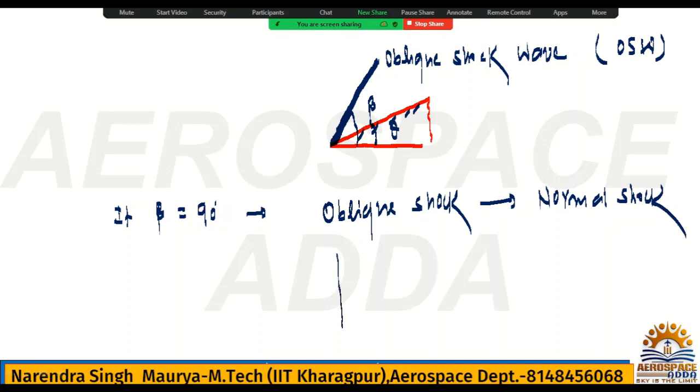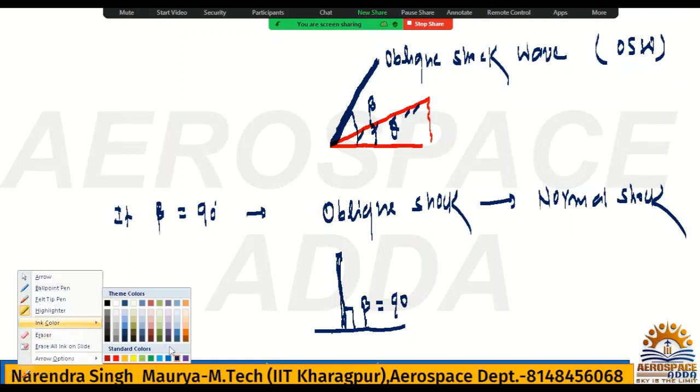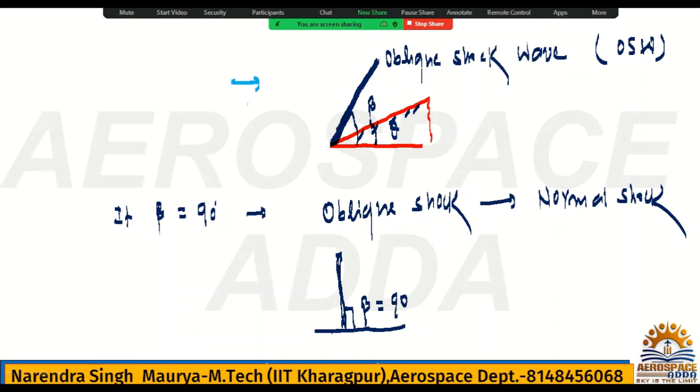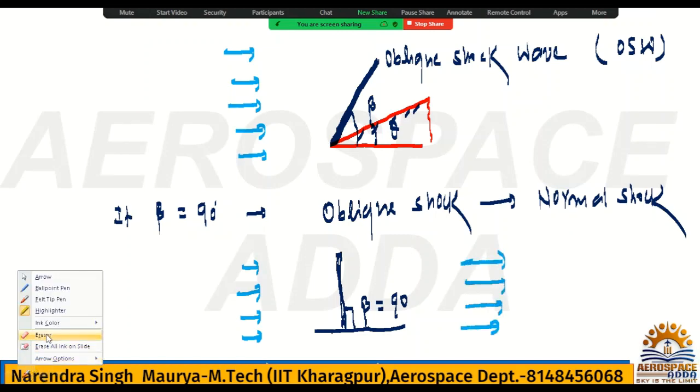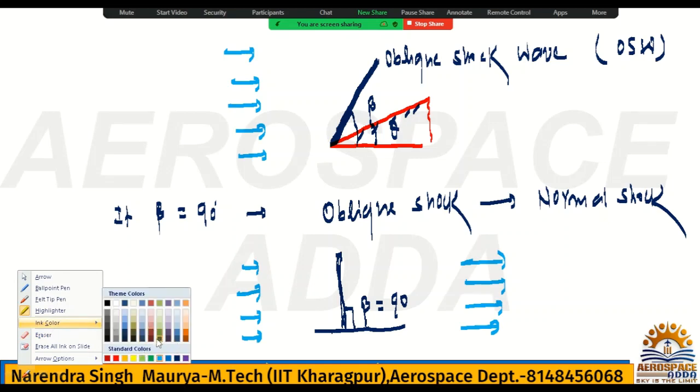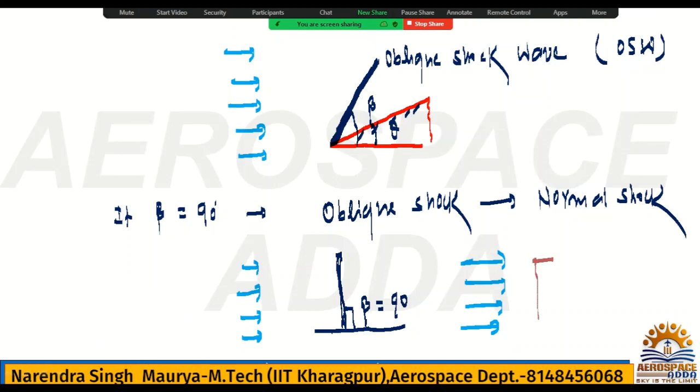When will you get 90 degrees? When the flow field is like this and the shock makes 90 degrees from the horizontal, that means the object is placed like this.